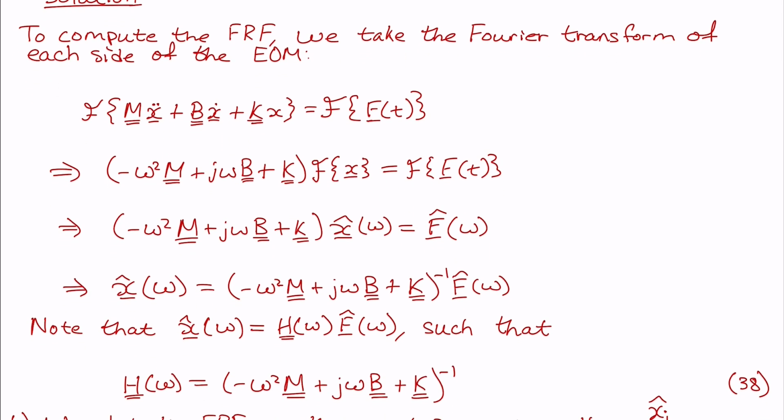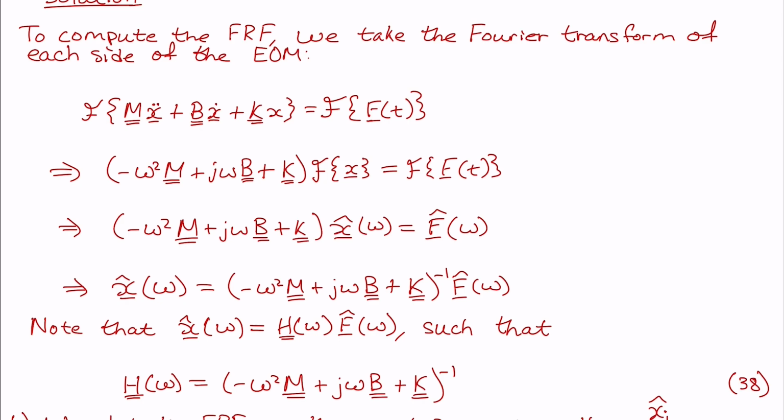Here we're going to note that the displacement is equal to the frequency response function times the Fourier transform of the force. You can think of it as also like a transfer function, though we call it a frequency response function, they're the same thing. Meaning that for any F hat omega, we can compute the displacement response given this transfer function.